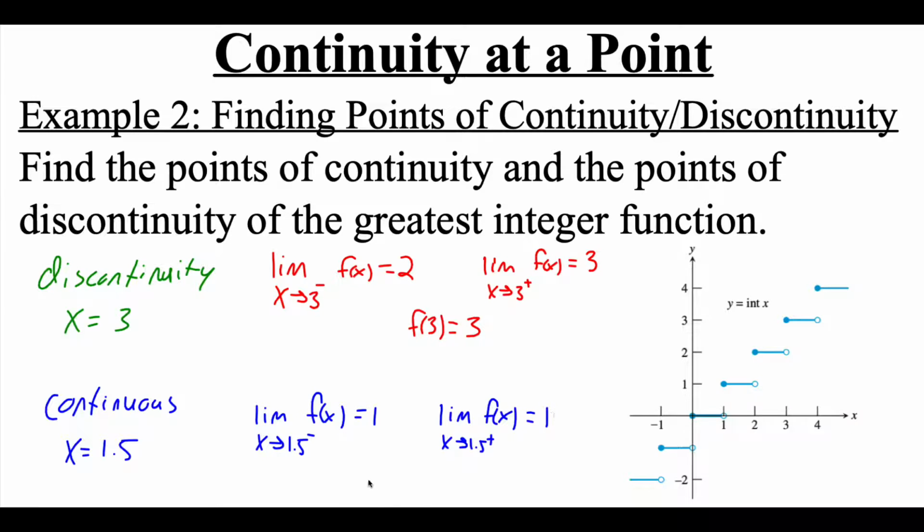And then if we look at just the function value, if we do f of 1.5, well, plugging 1.5 into this integer function, the integer function rounds that down, so 1.5 rounded down is just equal to 1. So these two limits are matching up, and it's equal to that function value. So that describes the continuous behavior around that x value of 1.5.